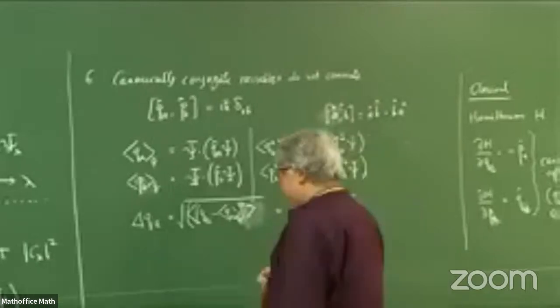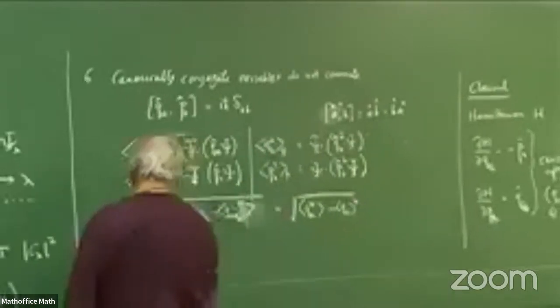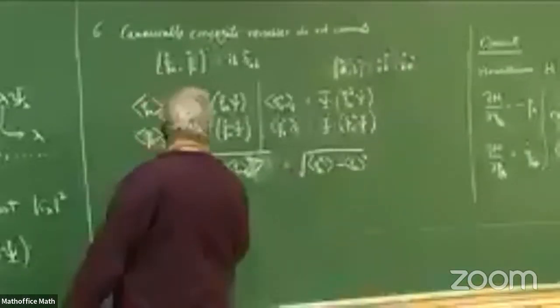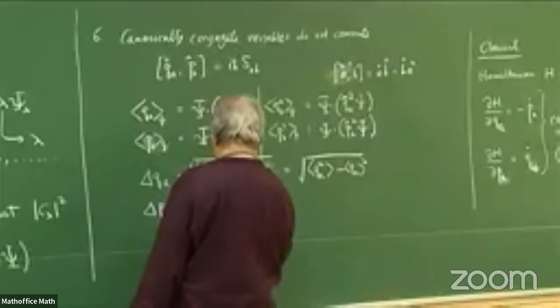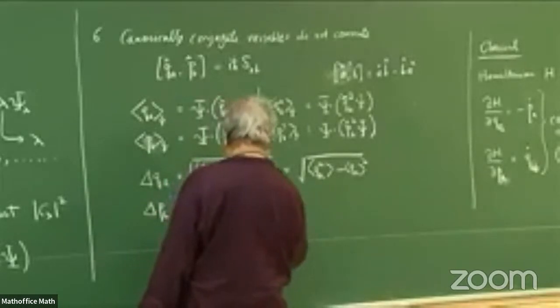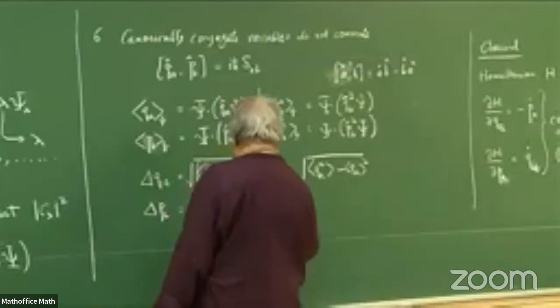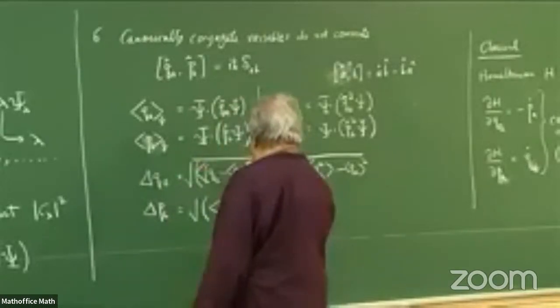Anyway, this is the standard deviation formula. For P_B, it is the square root of the expectation of P_B minus the expectation of P_B over psi, all squared.